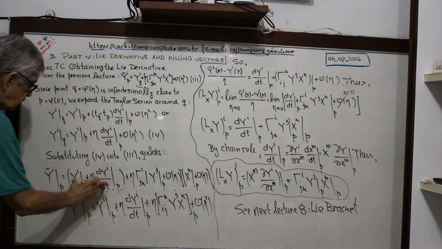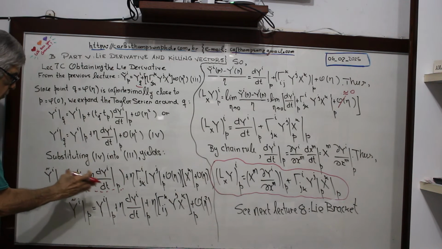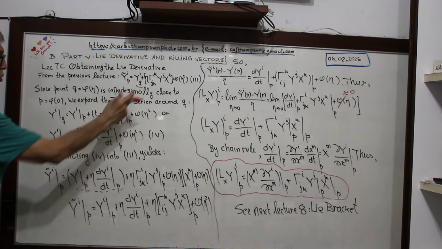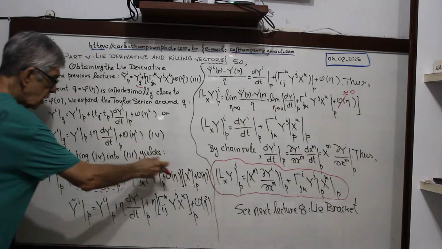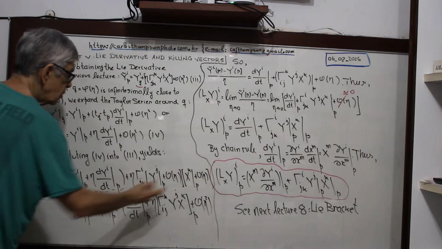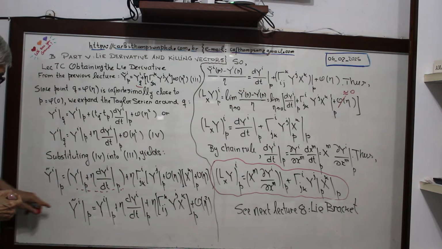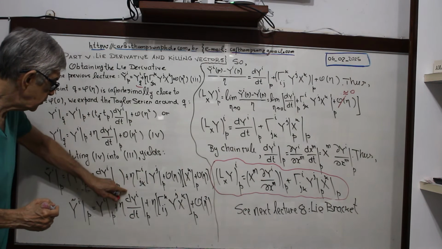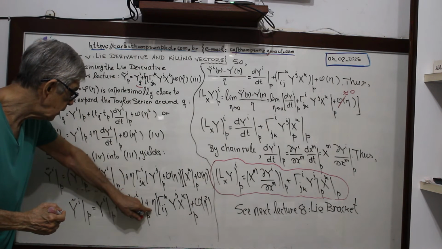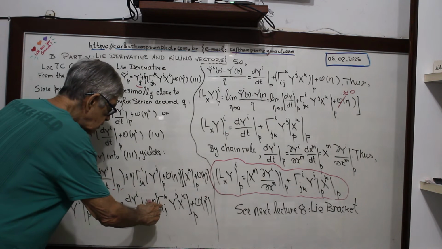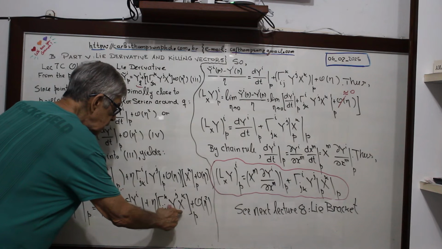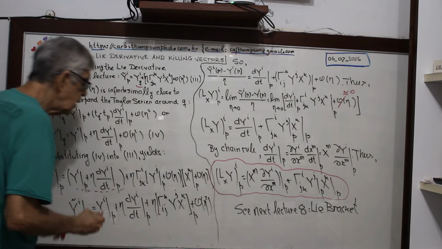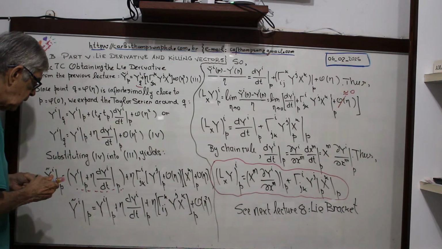So I just copy from here to here. So y tilde is y at p plus eta dy/dt at p, plus eta times the Christoffel symbol, y^j, x^j, plus order of eta squared.